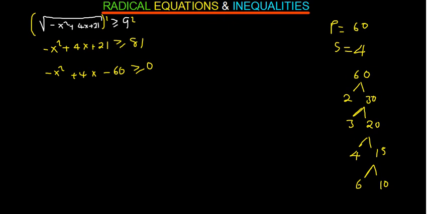So from these factors, the one which is going to give us a 4 when we add or subtract is the one we're supposed to use. Of course, this one can give us a 4 when you subtract. But notice that when you do the subtraction, you have to make 6 negative.